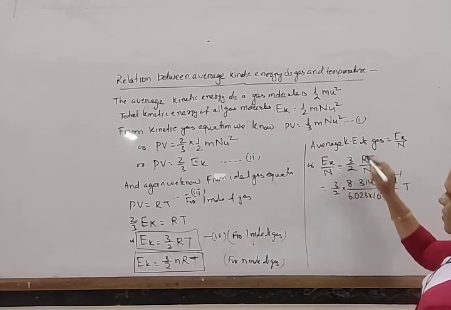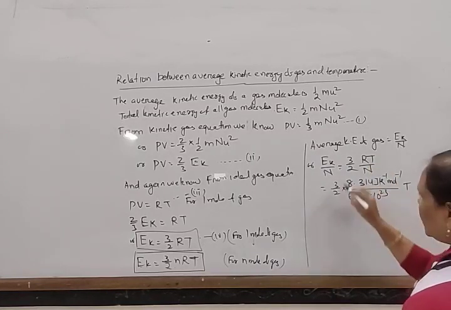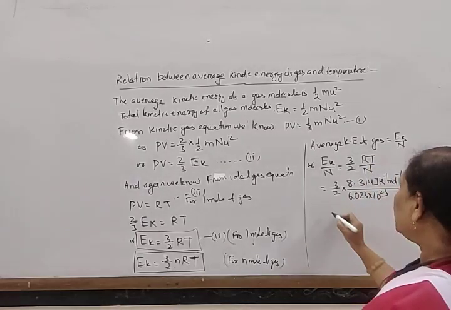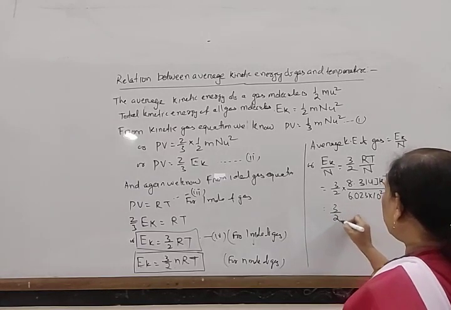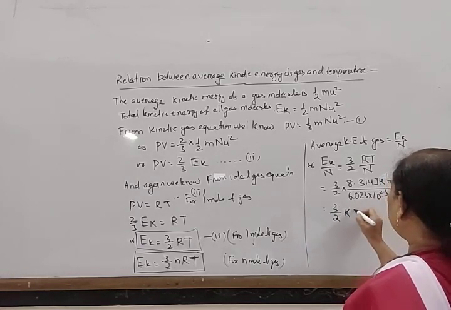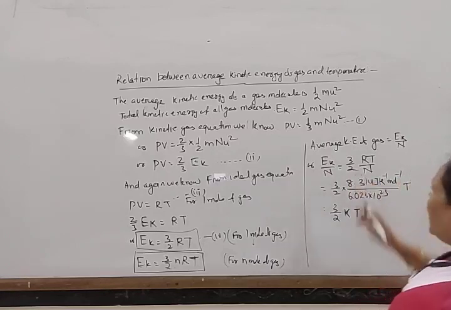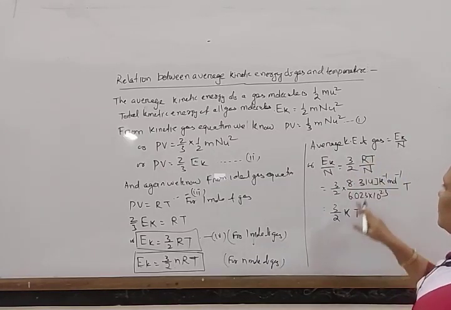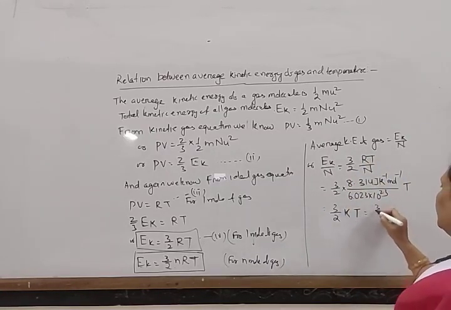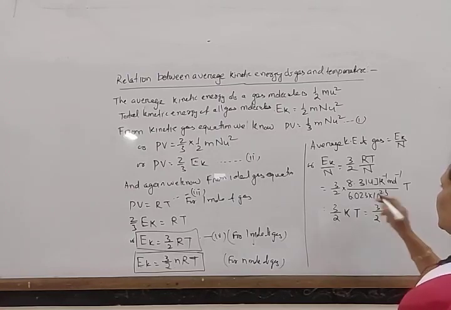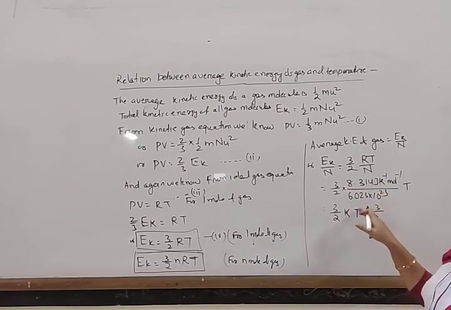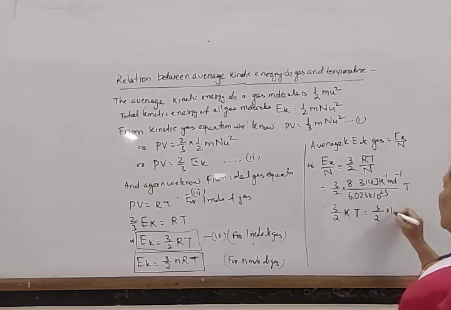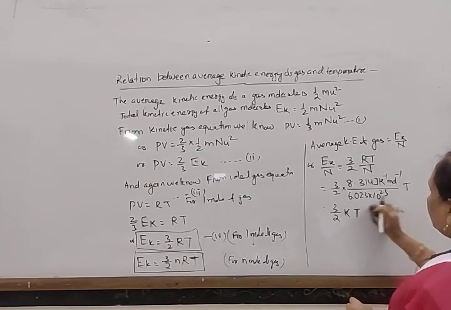This value R by N is a constant, which gives rise to a new constant, so we get 3 by 2 kT. Dividing 8.314 by 6.023 you get 1.38, no need to write here.